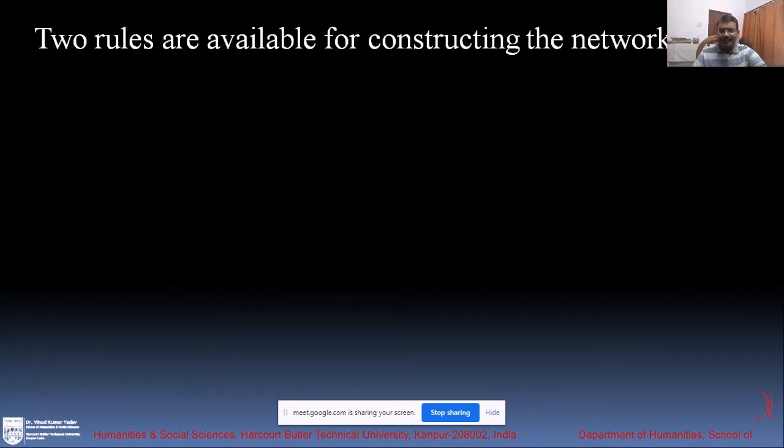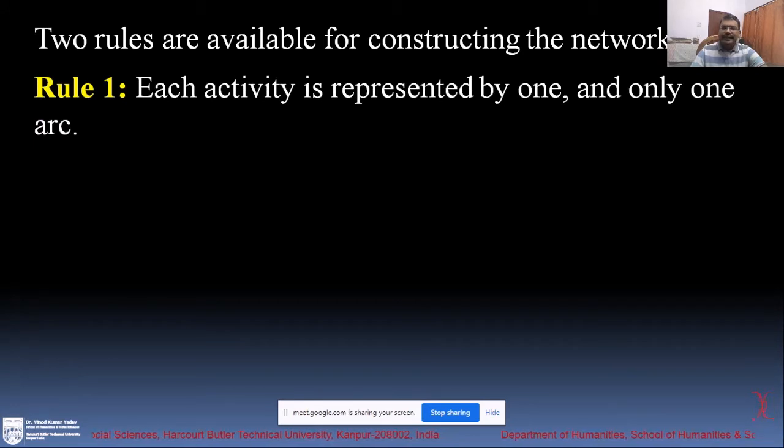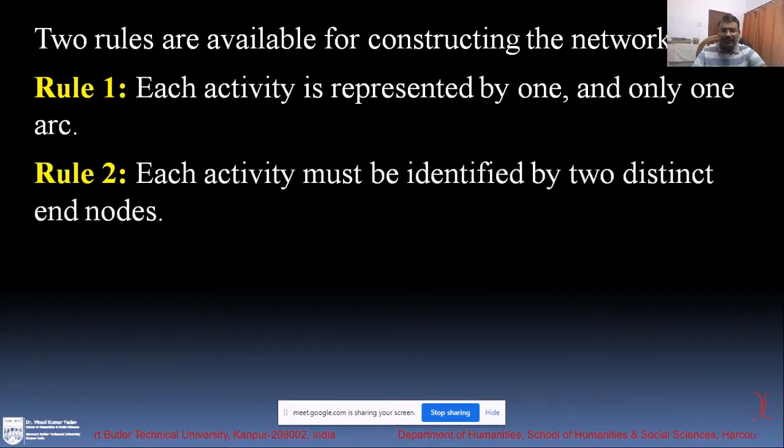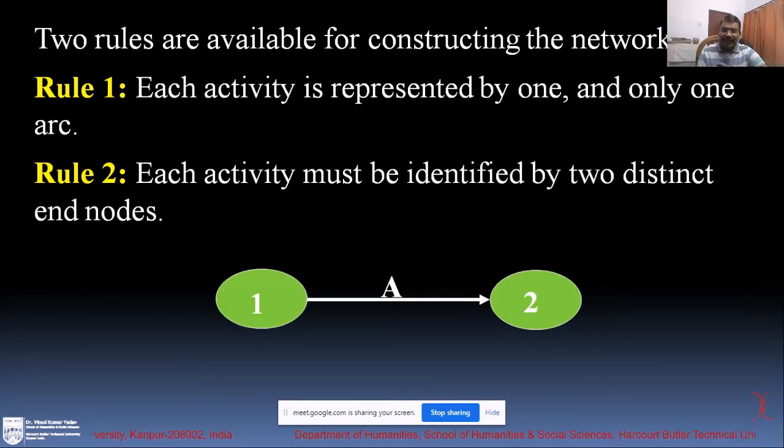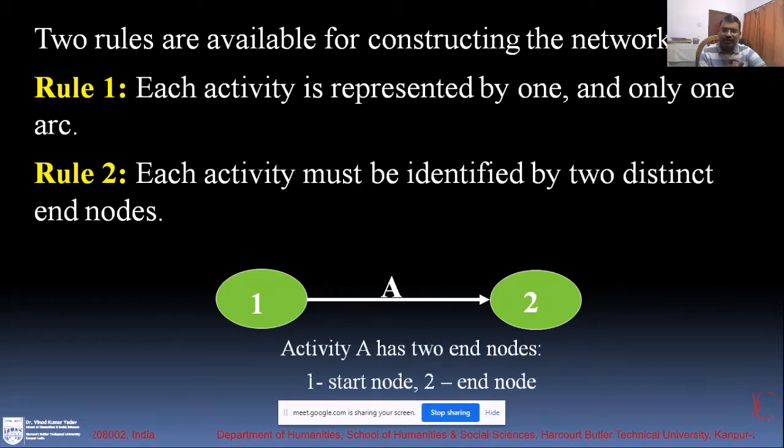There are two very clear rules in constructing the network. First, each activity is represented by one and only one arc. You cannot have more than one arc to represent an activity. Each activity must be identified by two distinct end nodes. Look at this: A is an activity, one is the starting node and two is the end node. This thing is very clear.